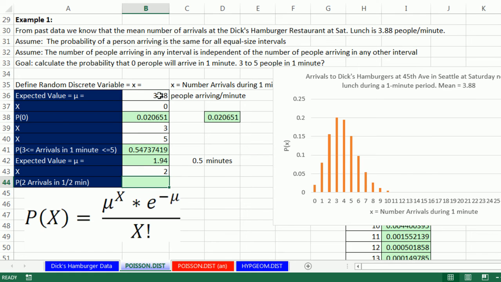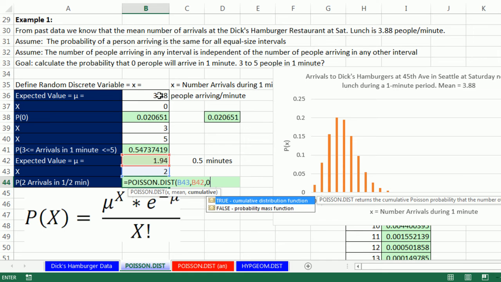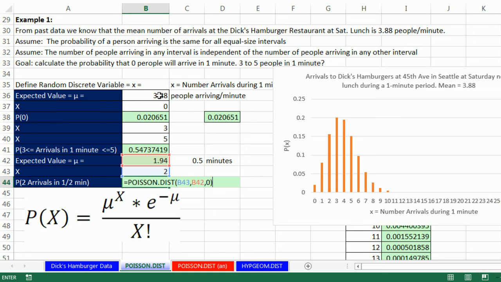Now we have a new mean divided by 2, so equals Poisson.DIST. Our x is going to be 2 people arriving in a half minute, comma, our mean for a half minute, comma, and 0, close parentheses. So the probability that 2 people arrive in a half a minute is about 27%.